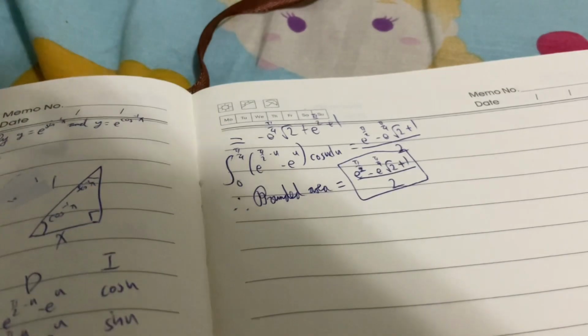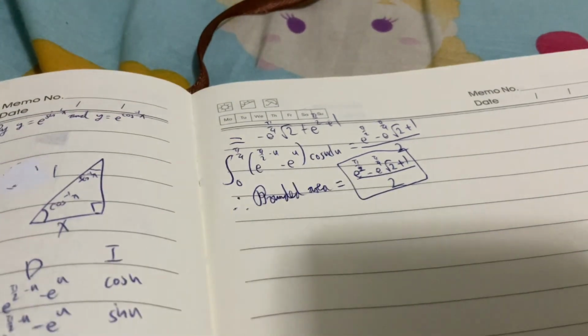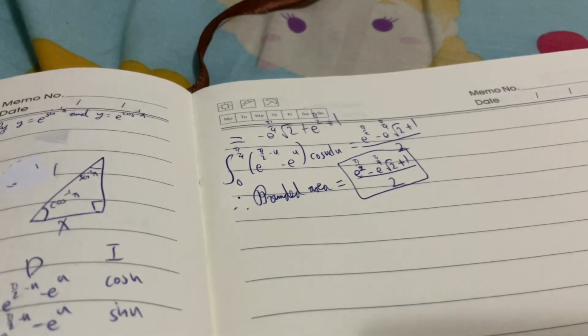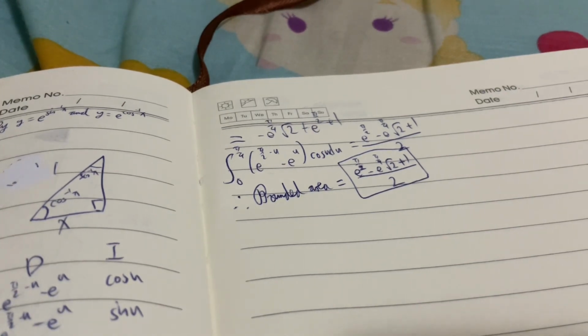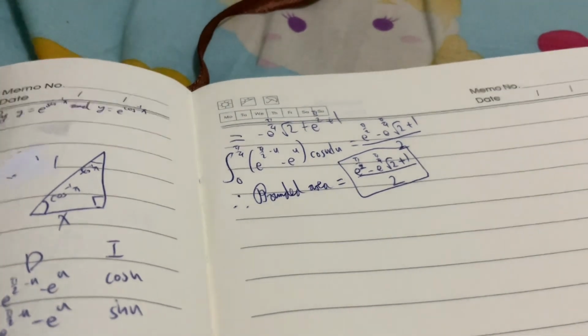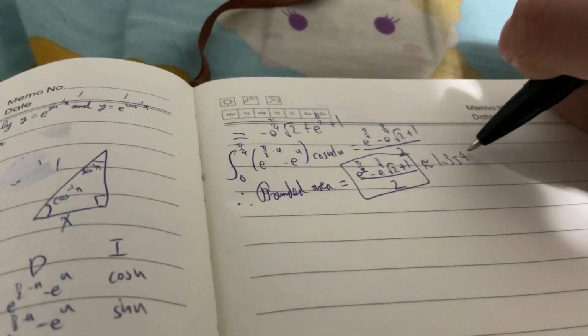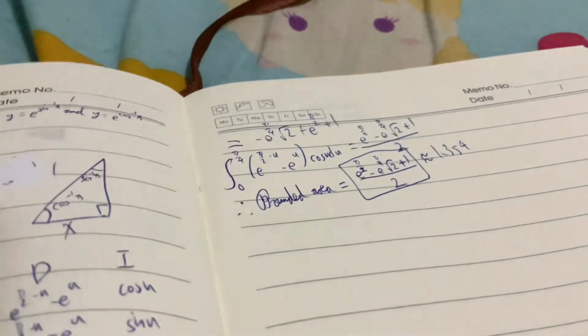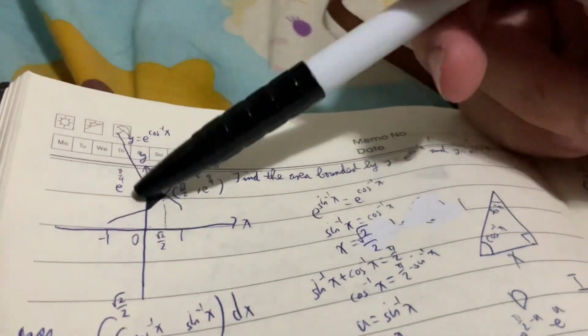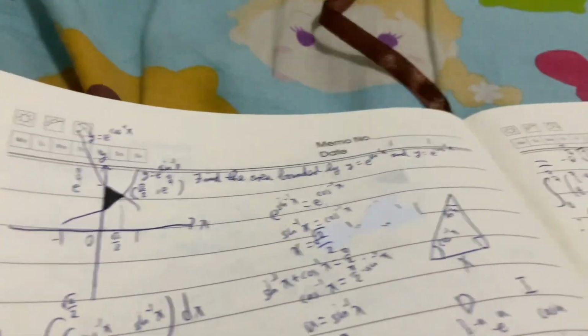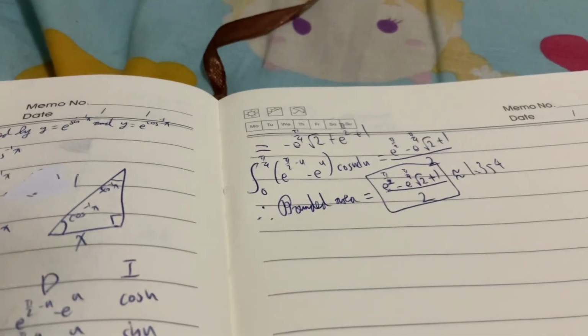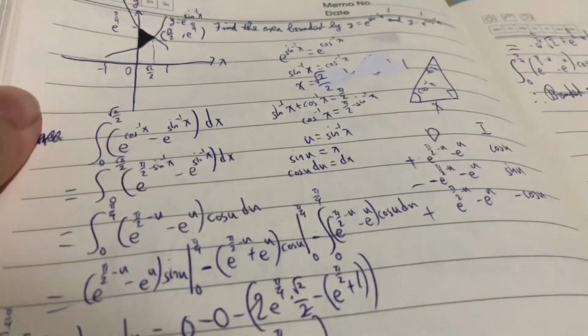If you use our calculator, e power of pi over 2 minus e power of pi over 4 times root 2 plus 1, over 2, this is really close to 1.354. And this is really, really cool, right? This area is just 1 point this. And that's it. Whew. Very, very fun.